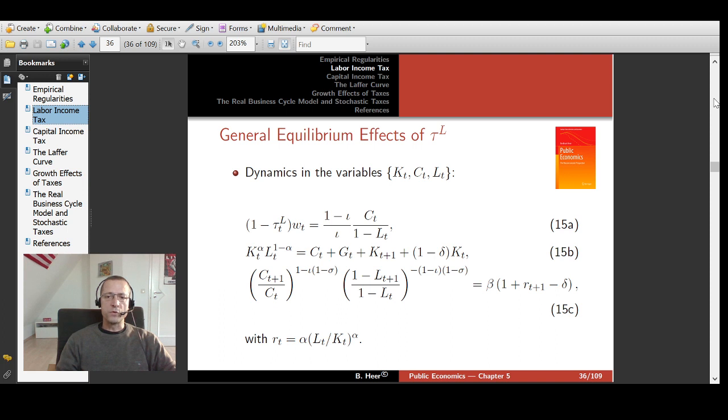So remember how we proceeded in the case of reverse shooting. We started in period 40 and had to compute consumption and labor in period 40 by using equations 15a and b. Now the same logic applies if we solved it forward. In period 1 we had to compute consumption and labor from these equations 15a and 15b. But then you notice that not only K1 enters this equation, but also K2, and we do not have this value K2.